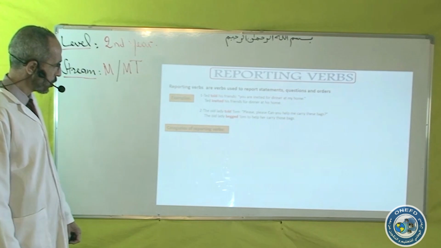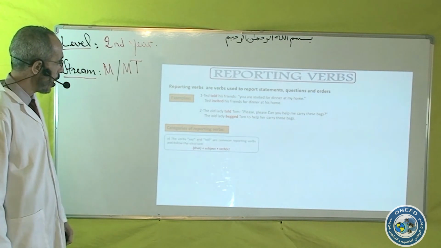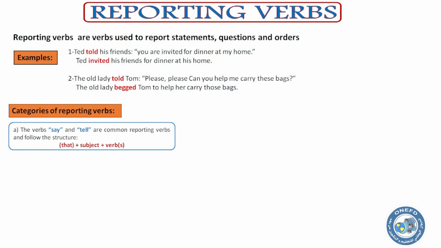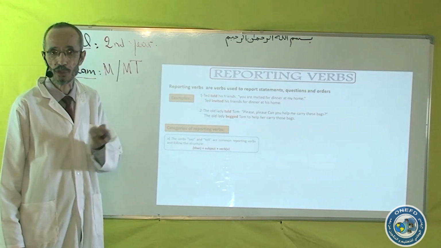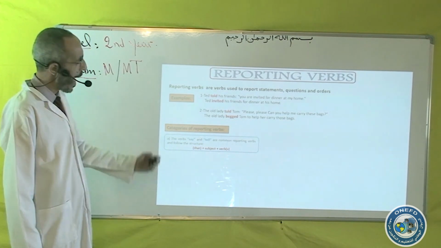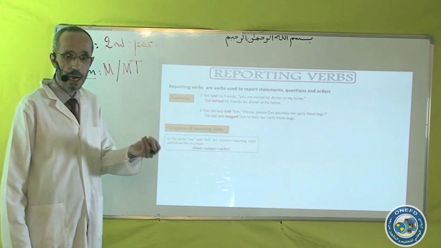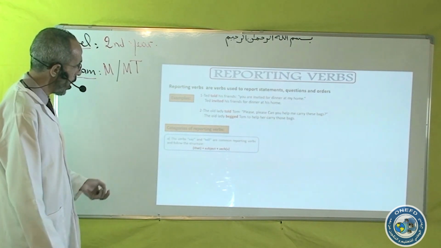These verbs are reporting verbs used to report the direct statements and questions or orders. And in reporting verbs, we have 3 categories. Category A, or category 1: the verbs say and tell are common reporting verbs and follow the structure. Which structure do these 2 verbs follow? We use the reporting verb, and that is optional. We can use it as we can omit it.